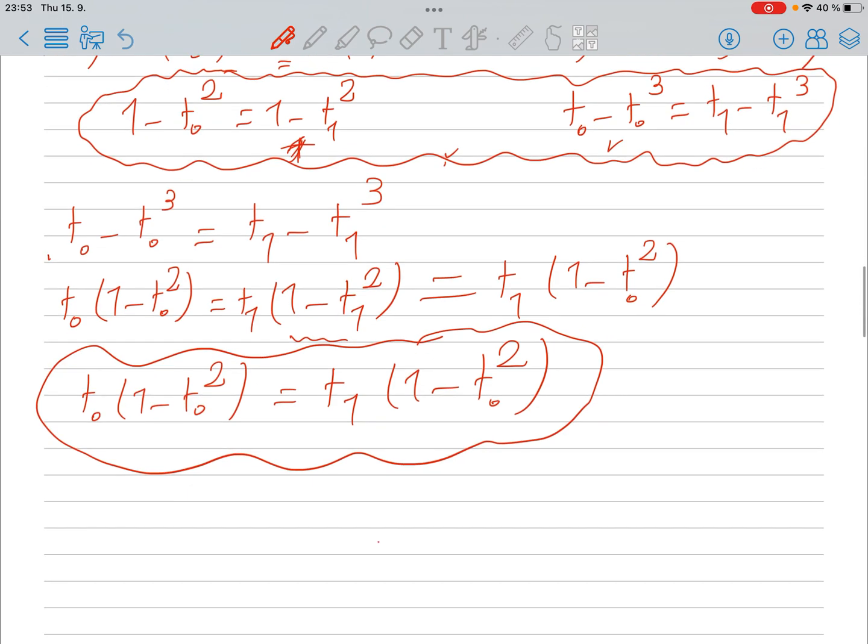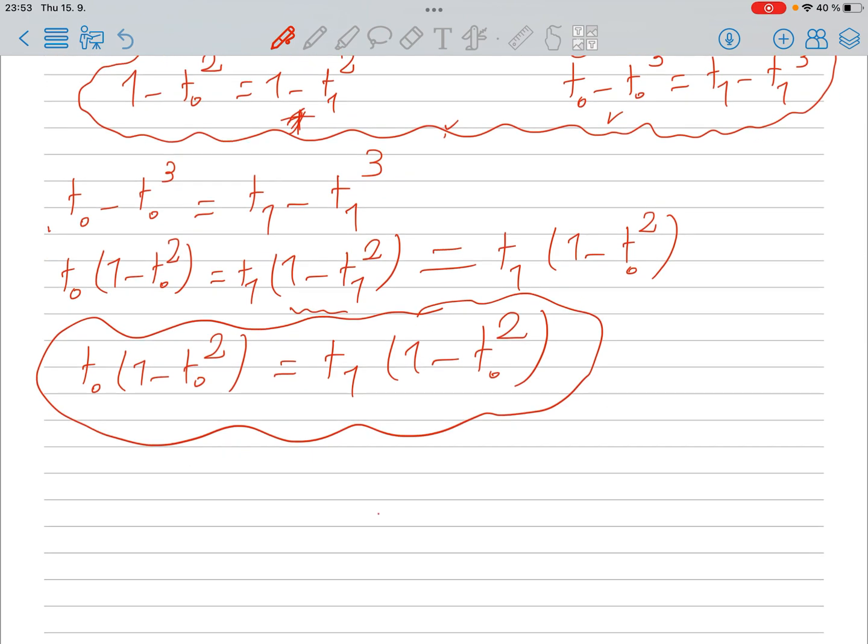So we make it easier. If 1 minus t0 squared is not equal to 0, we can divide both sides of this equation by 1 minus t0 squared, and then what we get is t0 is equal to t1.